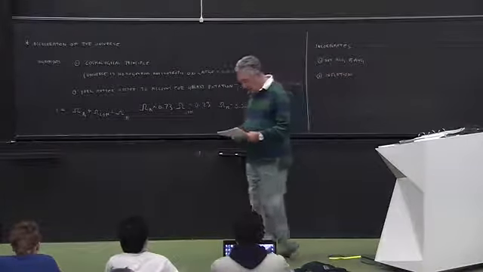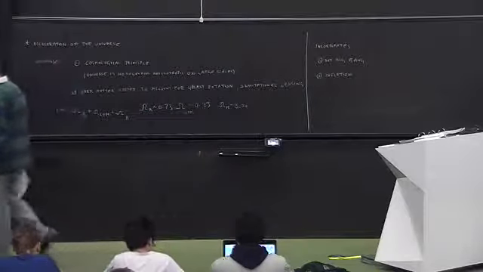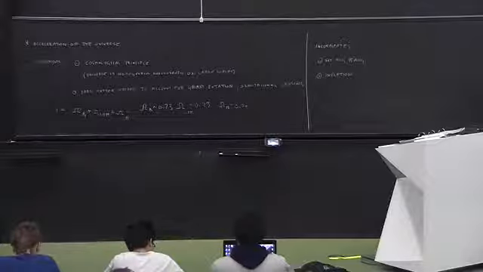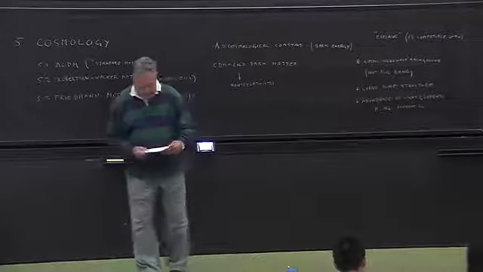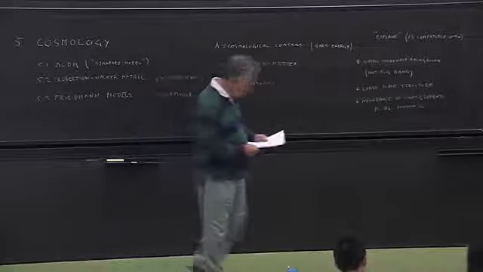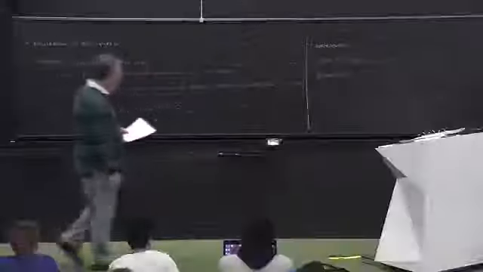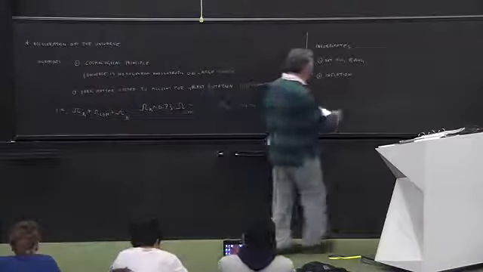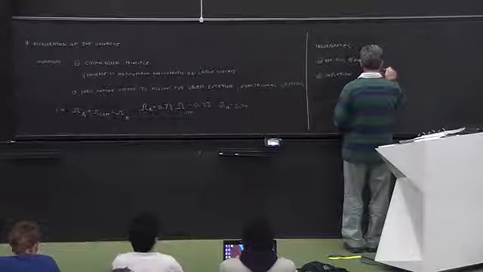And inflation says that at some very small fraction of a second after the Big Bang, the universe underwent this gigantic expansion by 27 orders of magnitude. So t is approximately 10 to the minus 29 seconds.